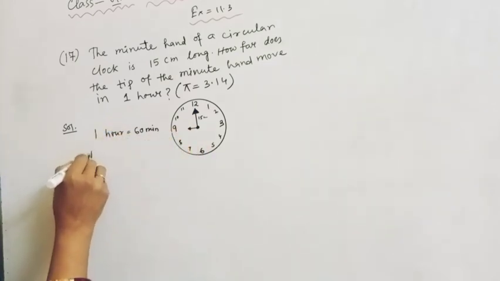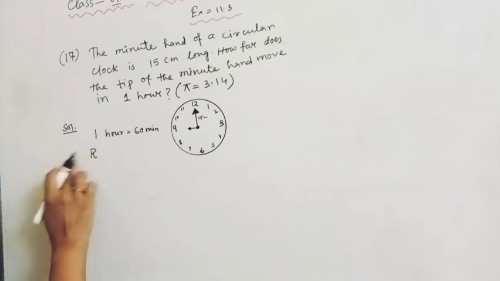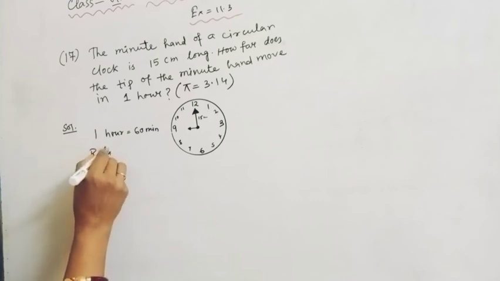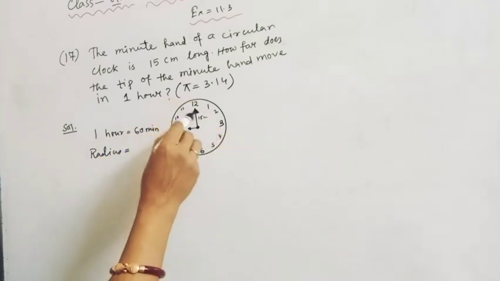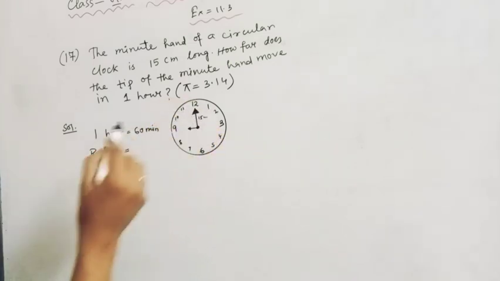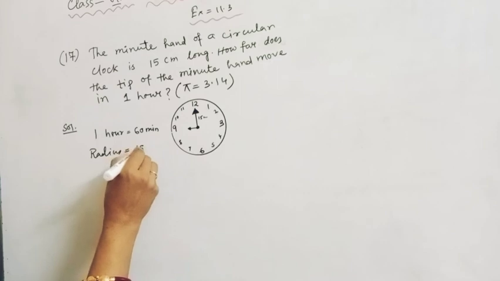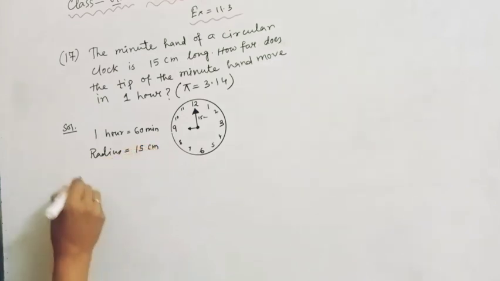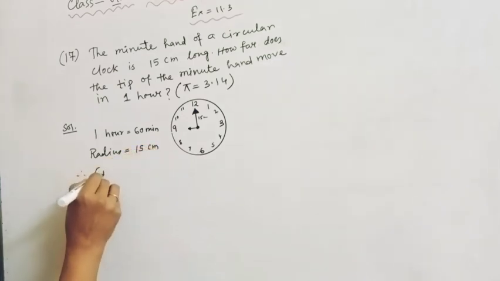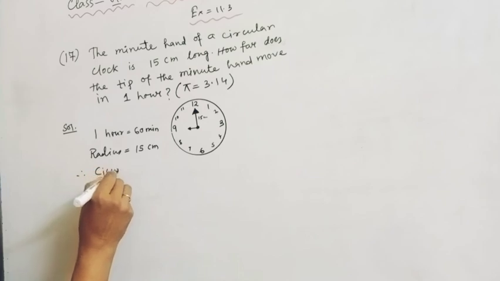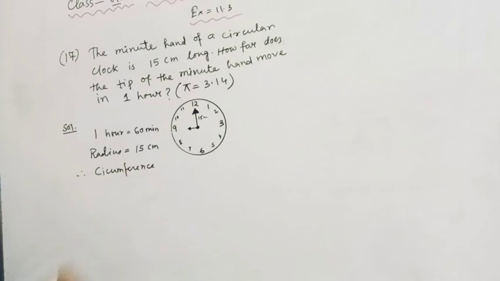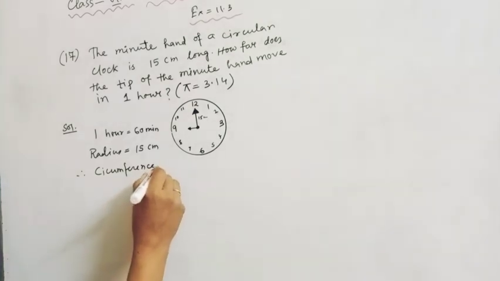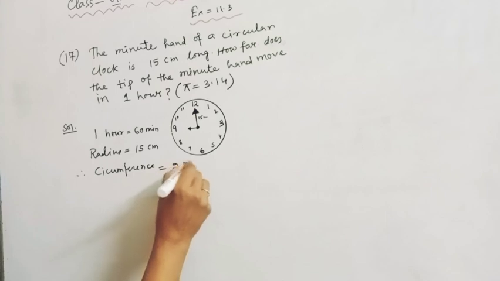Now the radius of the path that will be rotated by this minute hand is 15 centimeter. Therefore the circumference, or the distance covered by the minute hand, is equal to 2 pi r.